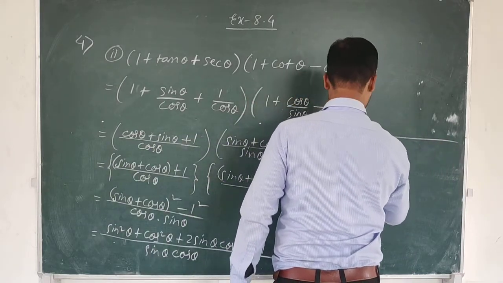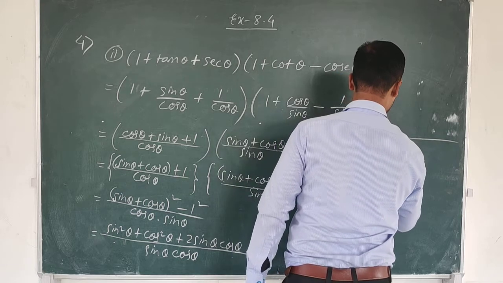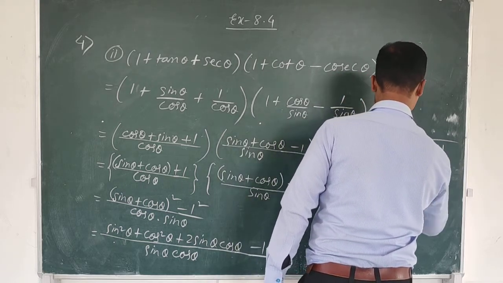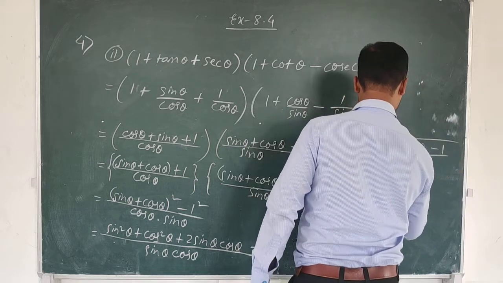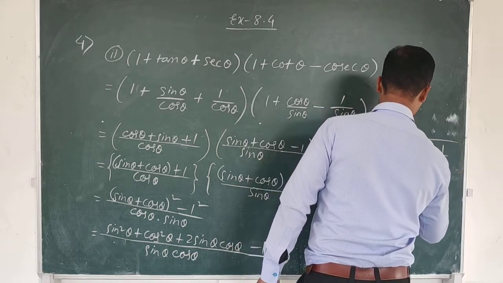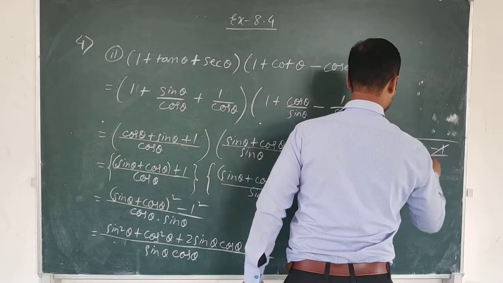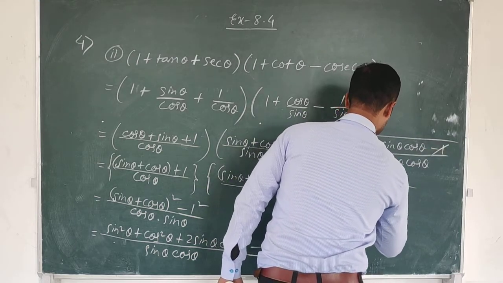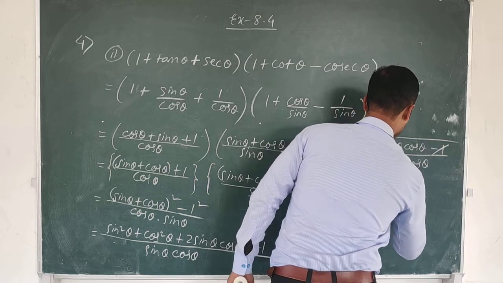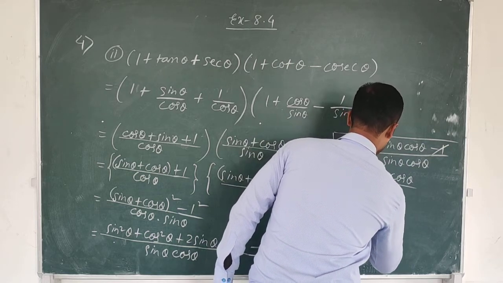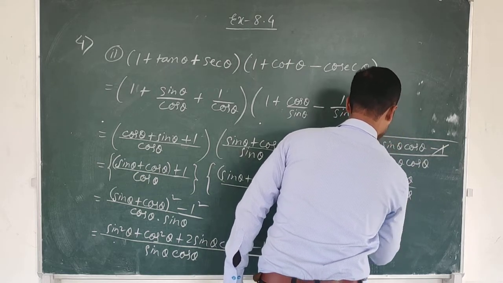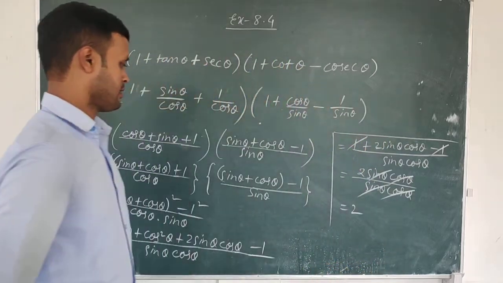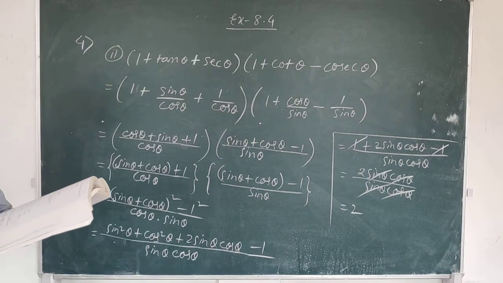So 1 plus 2 sin theta cos theta minus 1 by sin theta cos theta. Plus 1 and minus 1 is cancelled. So 2 sin theta cos theta by sin theta cos theta. Sin cancel and cos cancel is equal to 2. So the answer is 2.